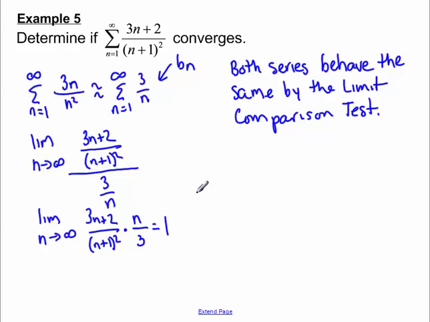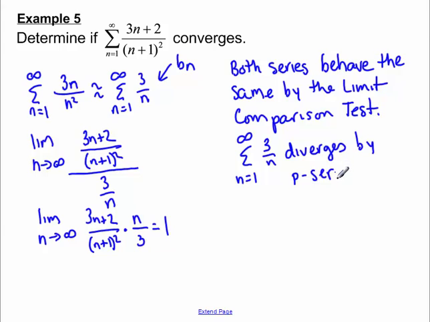Okay. Now, tell me about what happens to this one. Three over n diverges by p series test.